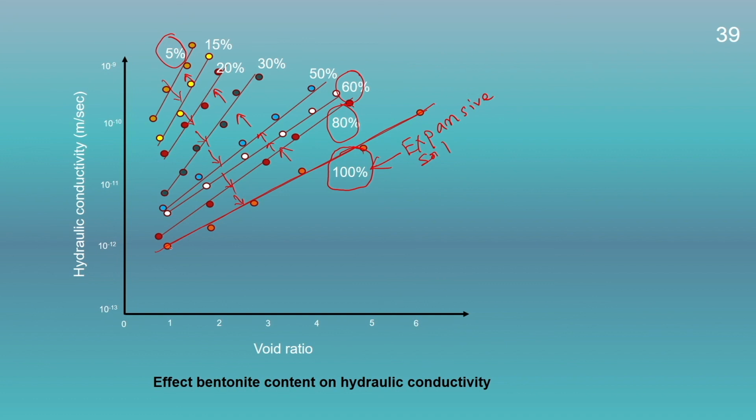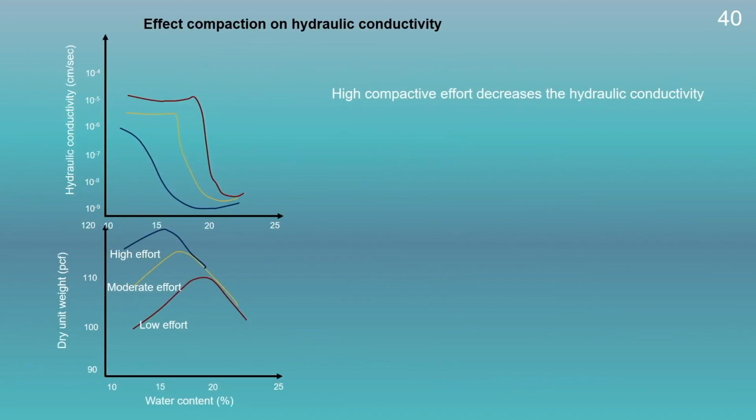If we compare the effect of compaction effort on the hydraulic conductivity, we could see that if we compact a soil sample with a low effort, then the hydraulic conductivity will be quite high. If we compact a soil with a high effort, then the hydraulic conductivity will be quite less.